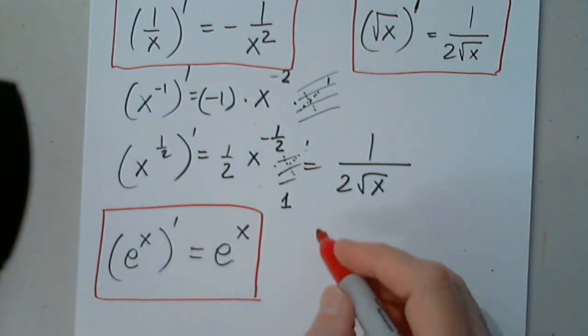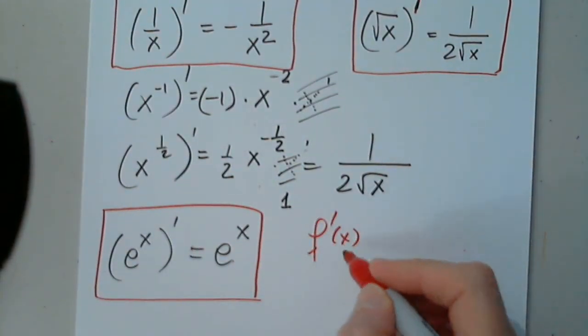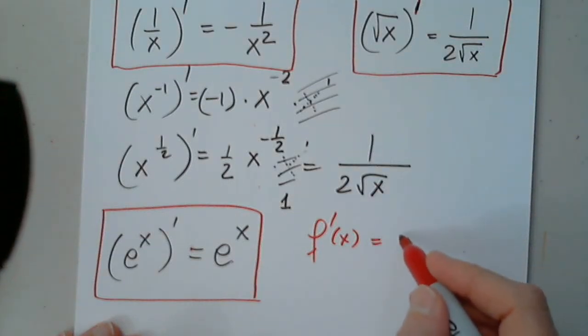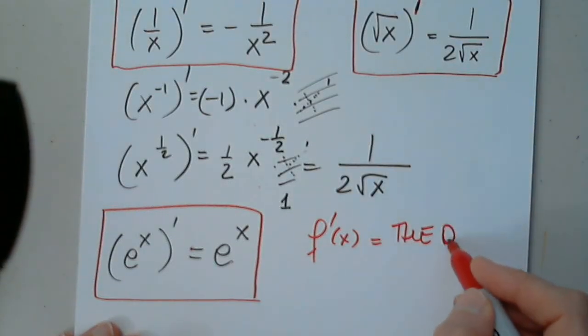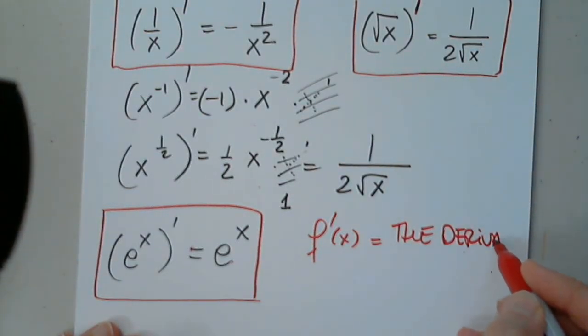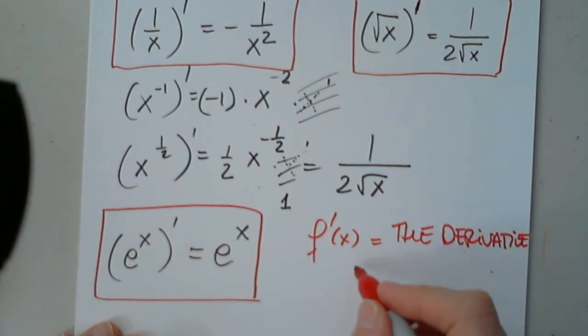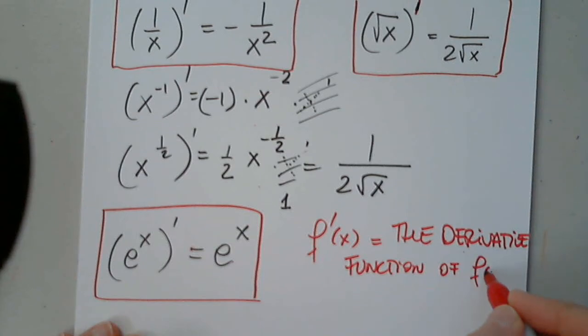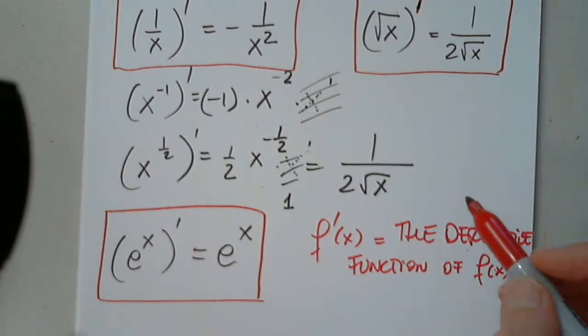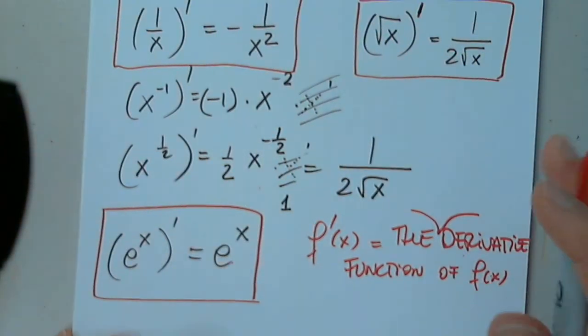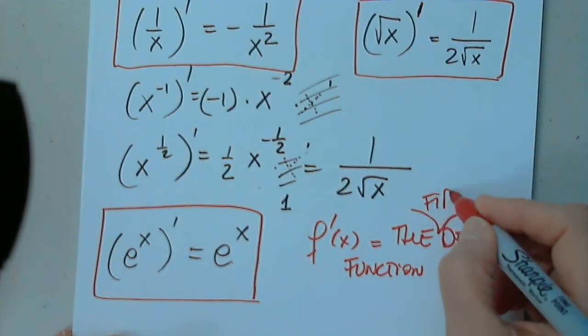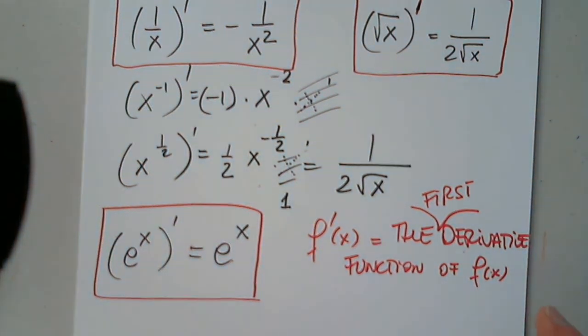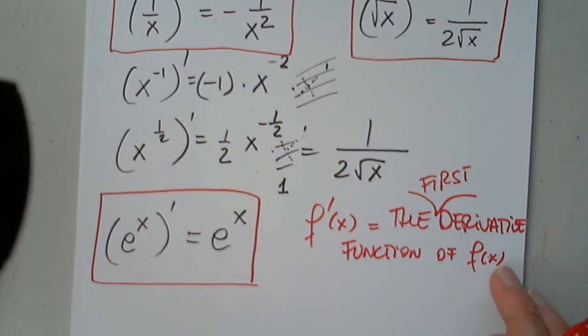So when we talk about f prime, we know that this is the derivative function of f of x. If you want to insert here, there is no need, but you can say the first derivative function of f of x.